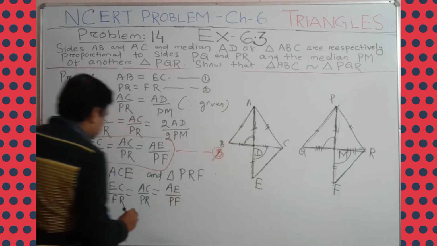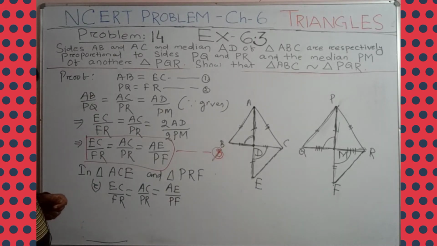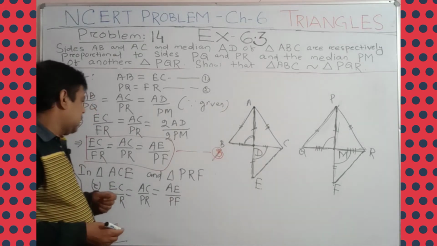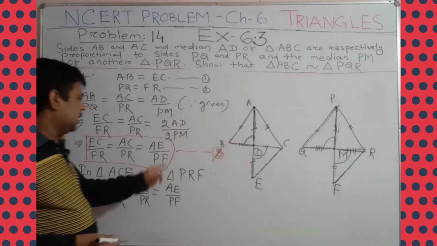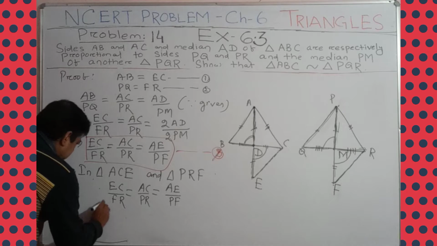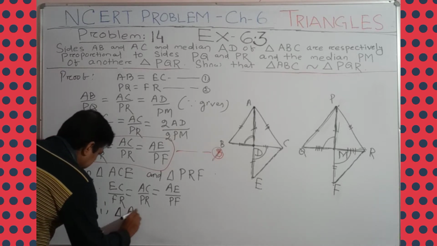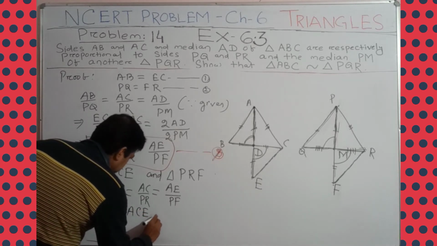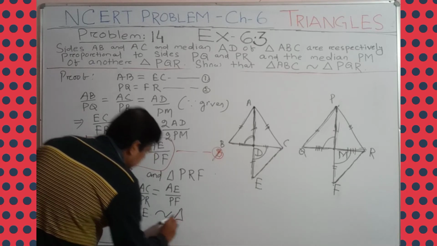Since the ratios of the corresponding sides of triangle ACE and triangle PRF are equal, we can clearly understand that triangle ACE is similar to triangle PRF.